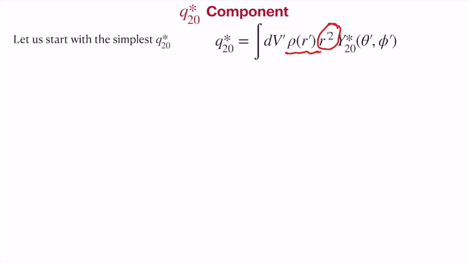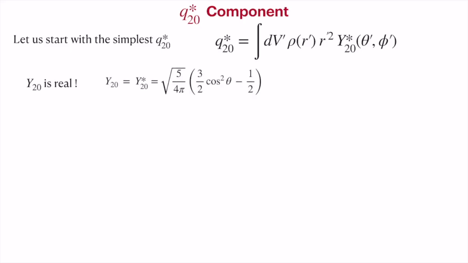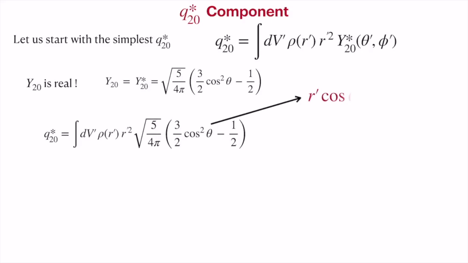For all the quadrupole moments, r square should be there, and the basis function which we use is the spherical harmonics. Y20 is real. We can see from its definition that it is simply cos square minus some constant.